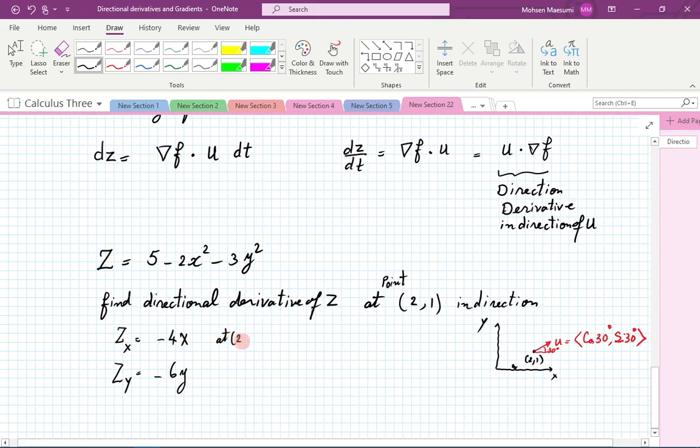At 2, 1, zx becomes minus 4 times 2, which is minus 8. zy becomes minus 6 times 1, which is minus 6.